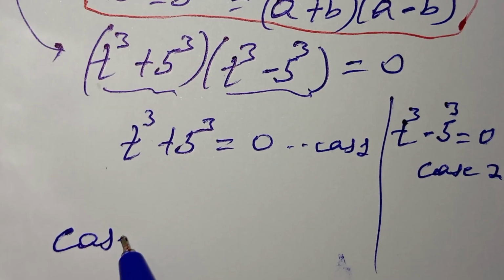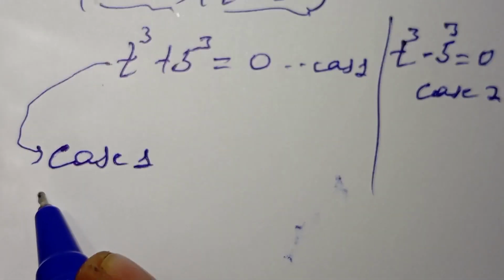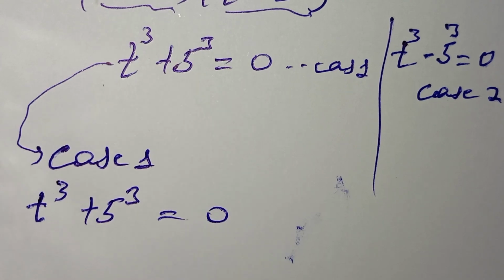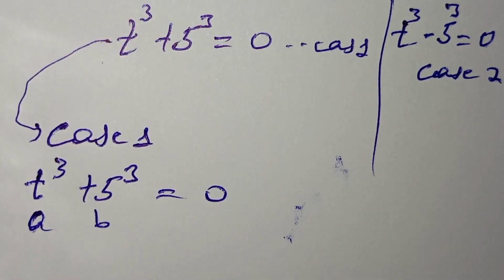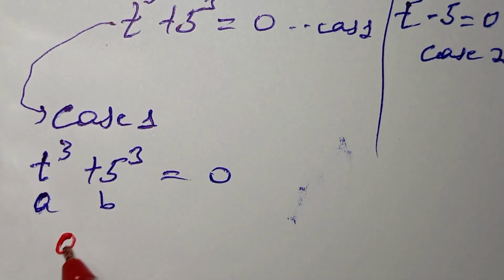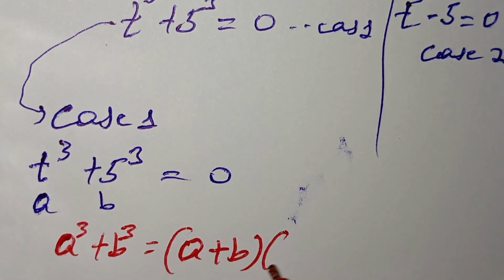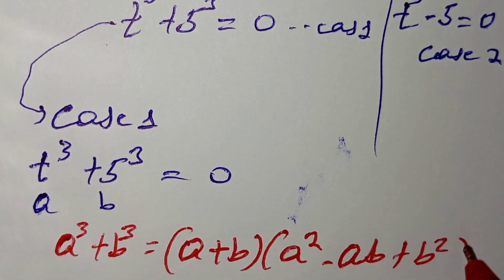Case 2. Case 1, this part, t to the power of 3 plus 5 to the power of 3 is equal to 0. If it is a and if it is b, a cubed plus b cubed is the same as a plus b times a square minus ab plus b square.